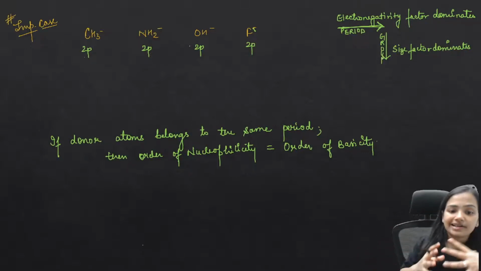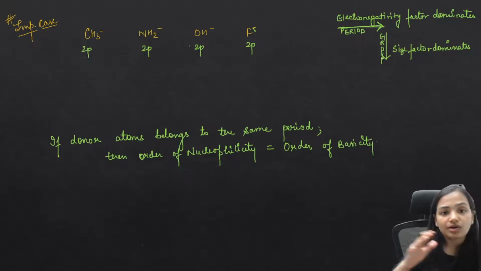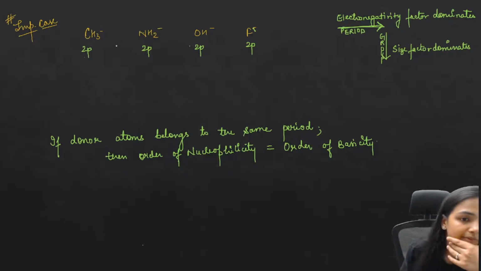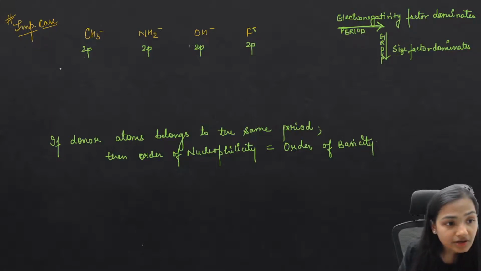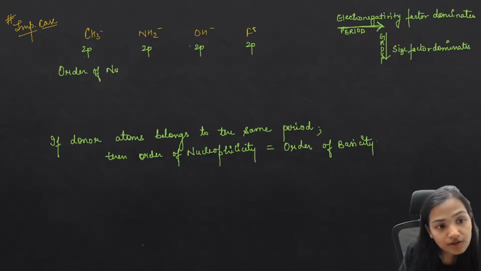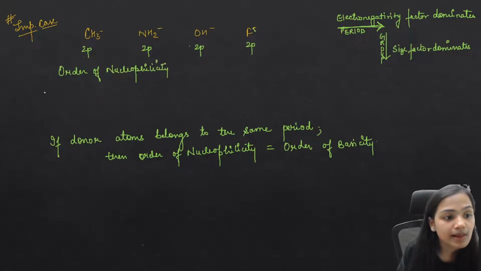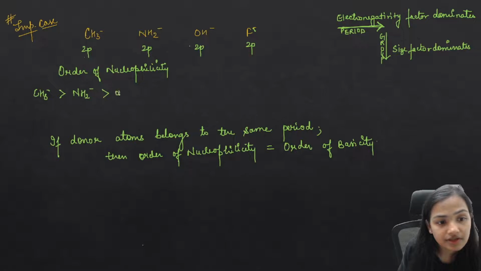So here, if I take this particular question, they all have 2p orbitals. Now, who will have a better nucleophilicity? If I have to give the order of nucleophilicity, then my answer would be CH3 negative is going to be a good nucleophile, then NH2 negative, then OH negative, then F negative.